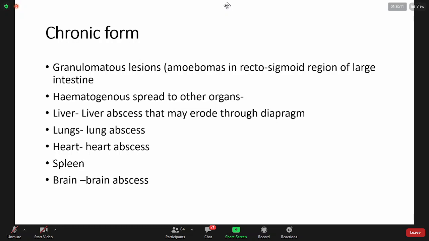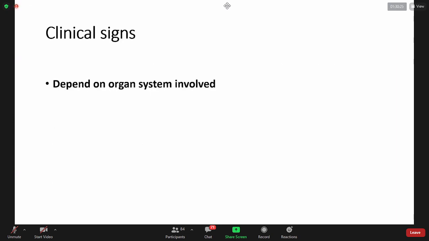It may reach other organs, and wherever it goes, there will be development of an abscess. If it goes to the brain, then you have development of a brain abscess. The clinical signs will depend on the organ system involved.